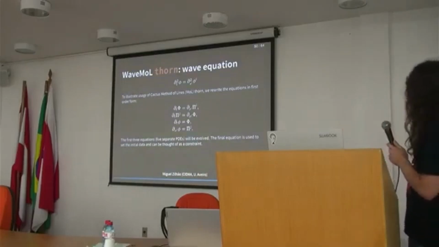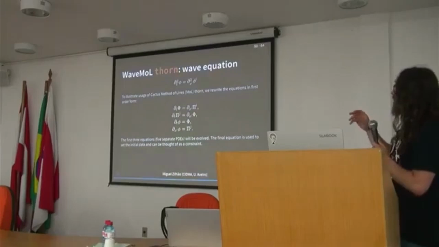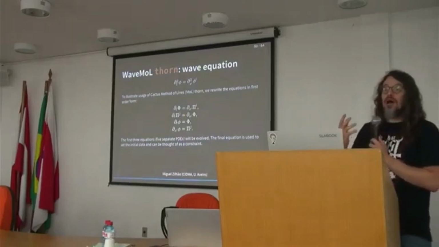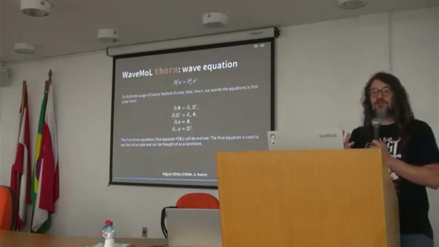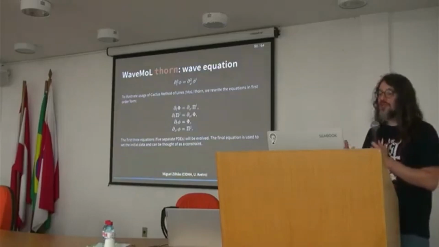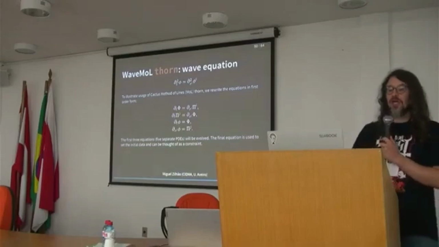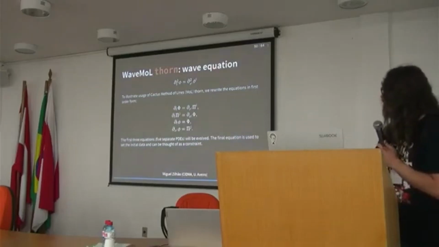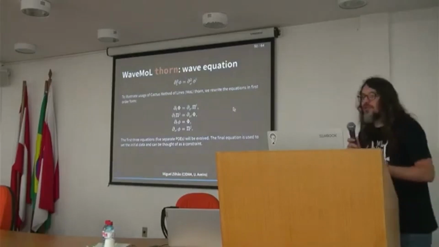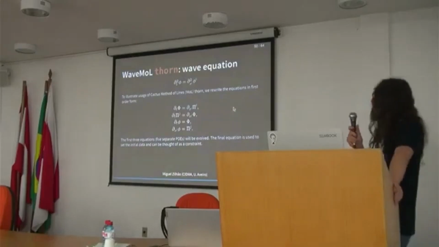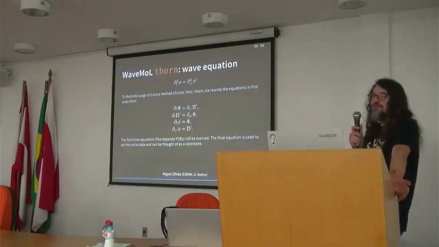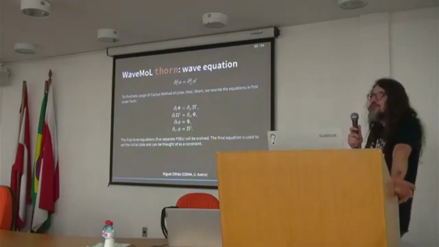The idea is to understand how you would use this infrastructure, the Cactus or the Einstein Toolkit, to implement the wave equation. The wave equation is something that's familiar to everyone. It may not look like it, but it shares a lot of similarities with what we want to do with Einstein's equations, right?